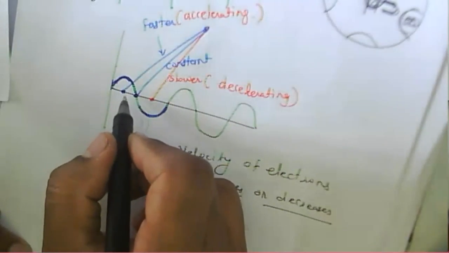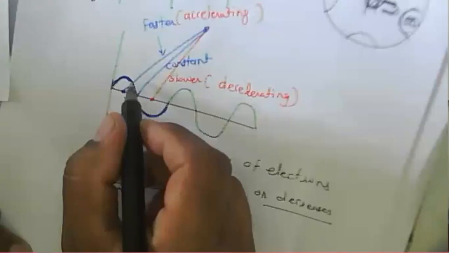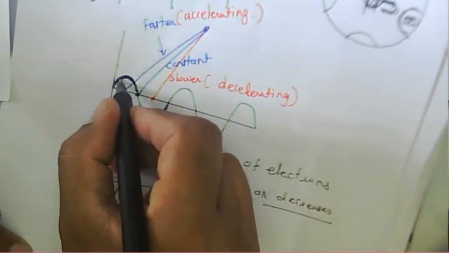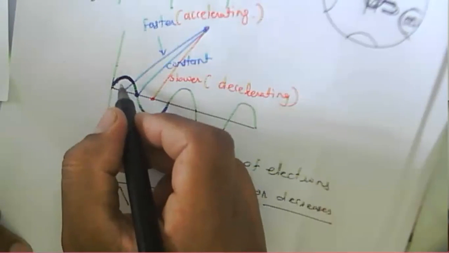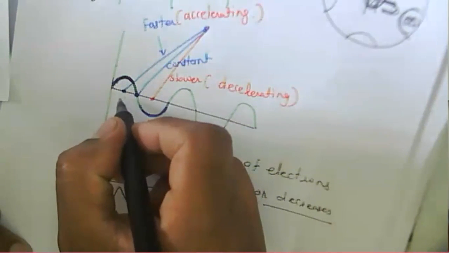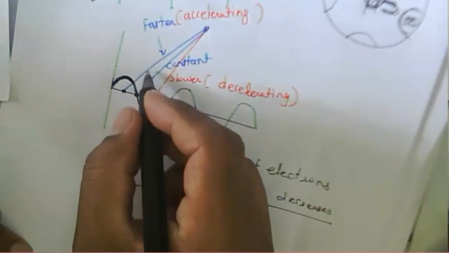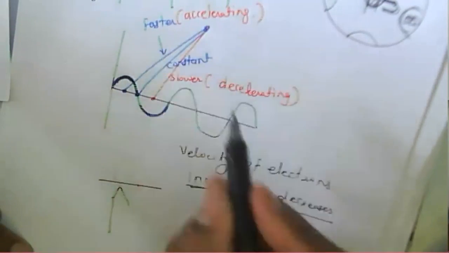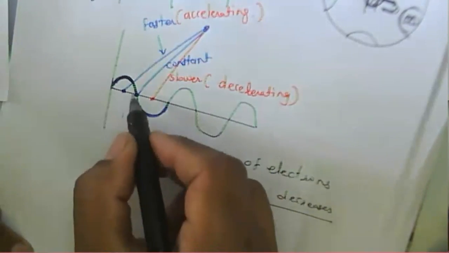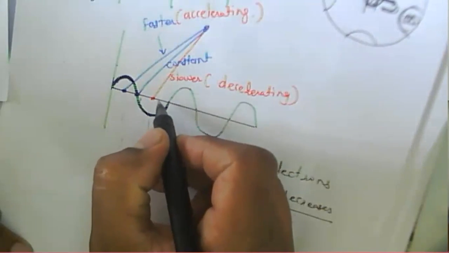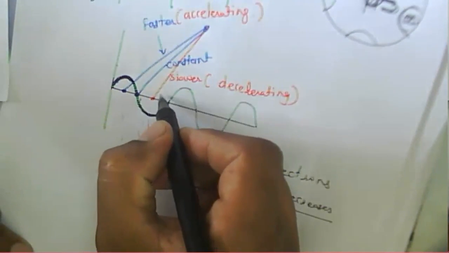Because when they propagate through this field, electrons get energy. When the field is positive, their velocity will increase and the electron will move faster. And when the field is negative, the electron will move slower.